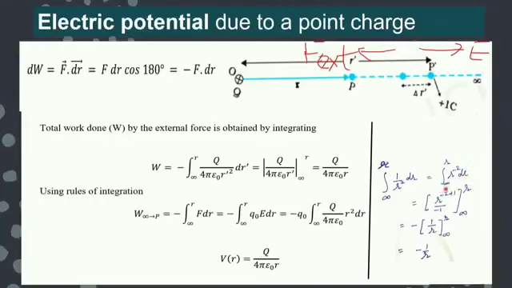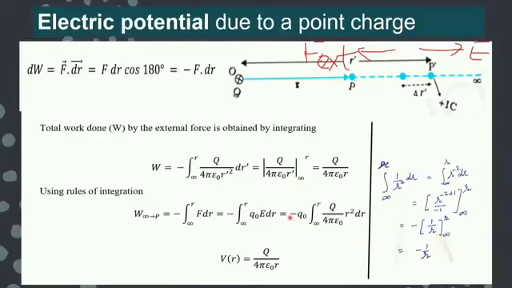This is R raised to the power minus 2 dr, x power n dx, so it will be x to the power n plus 1 divided by n plus 1. On solving, this value equals 1 upon R, and hence this comes with the negative sign.